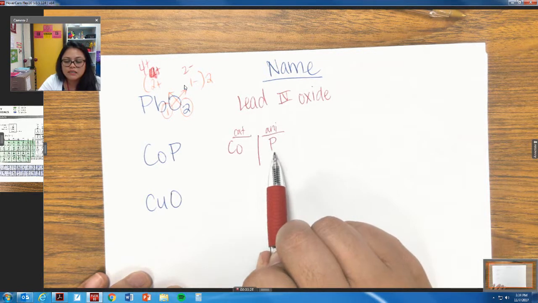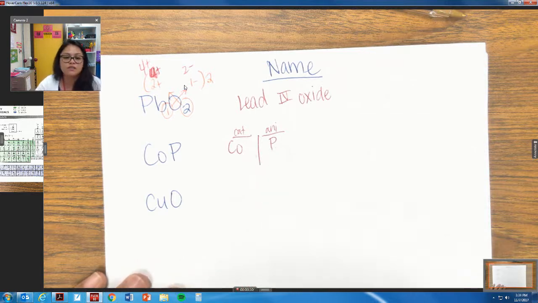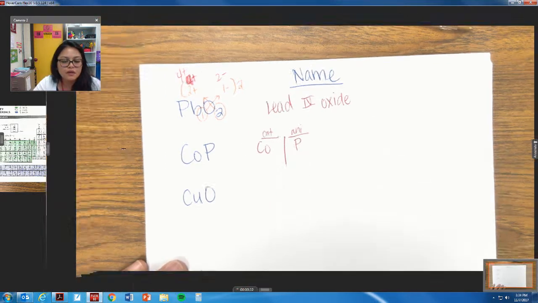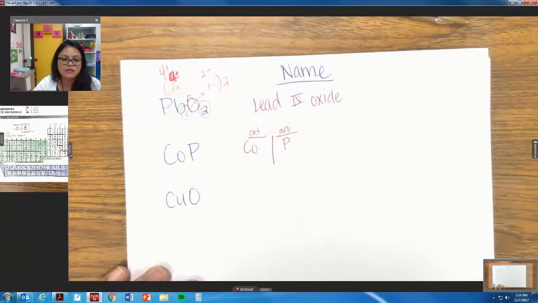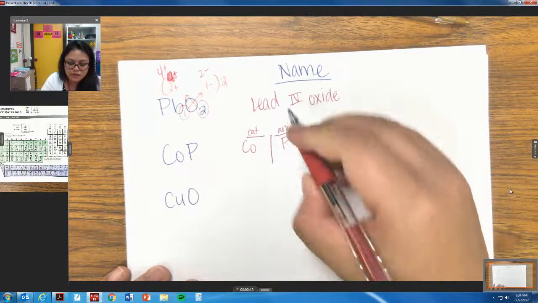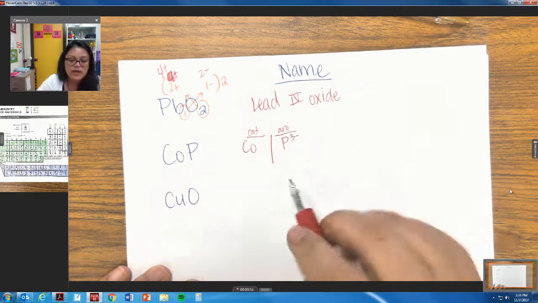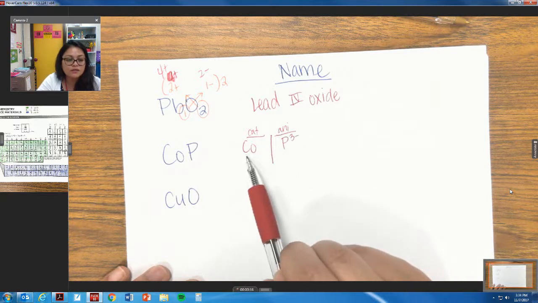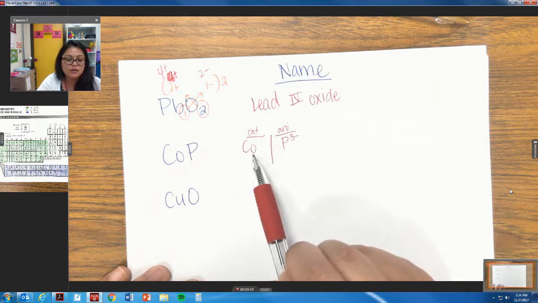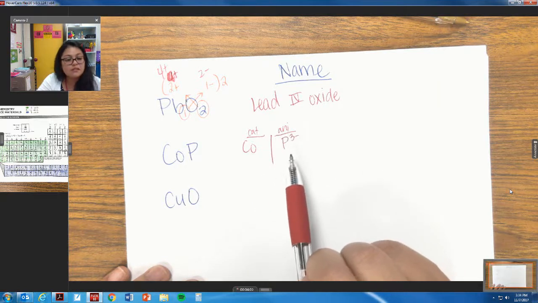Okay, so what is your usual charge for phosphorus? Let's take a look at our periodic table. Phosphorus is right here, atomic number 15 in group 5A, so it's going to have a charge of -3. Now, remember as a rule that our charges have to balance each other out, or they have to zero each other out.